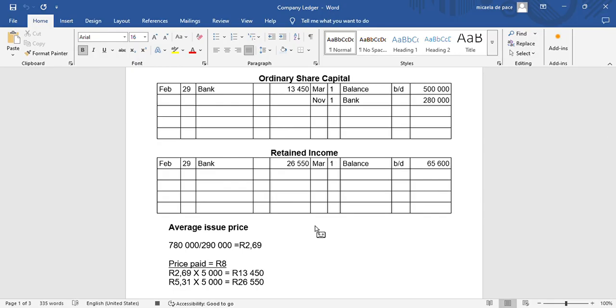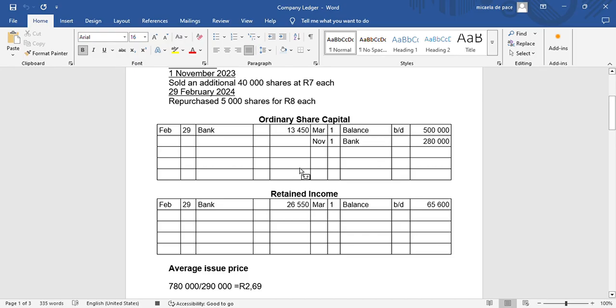So you're basically rewarding the shareholder, giving them a share of some of the profit or some of the retained income. So you take the 5.31 times the 5,000, and that 26,550 comes on the minus side of retained income. So reward shareholders for investing their money in the company, give them a share of the retained income.